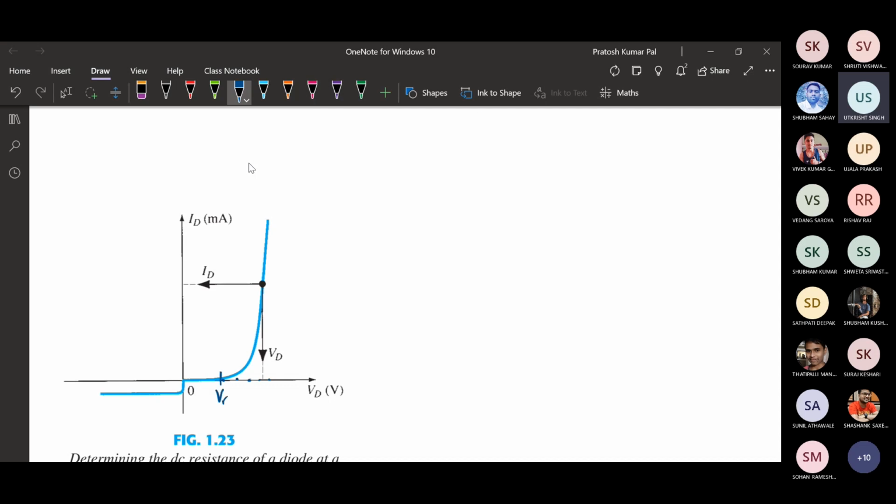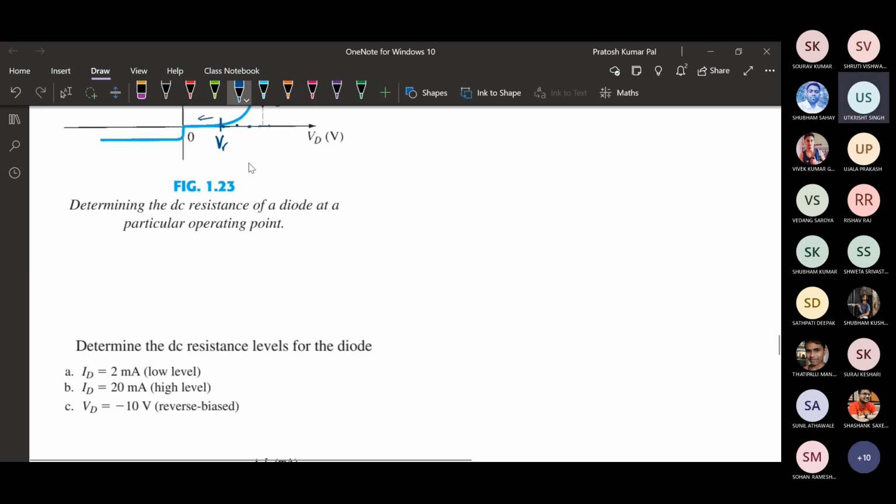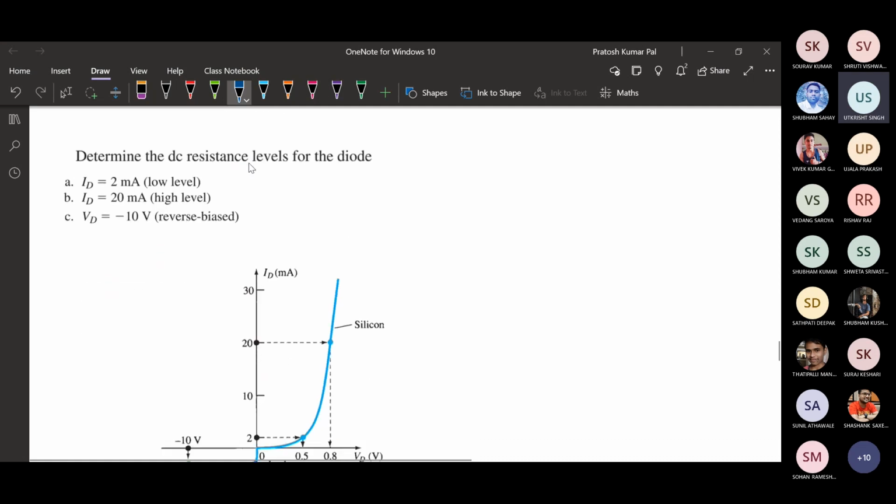Below this, RD will be greater compared to the value of RD in this section above the knee voltage. We can verify that with the example below.